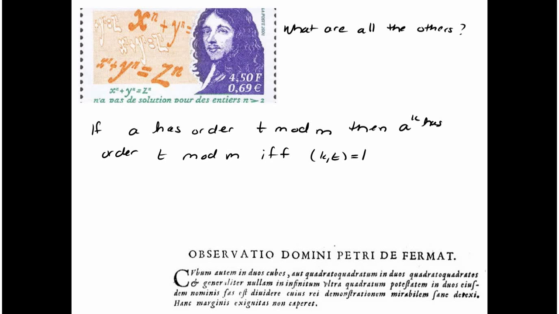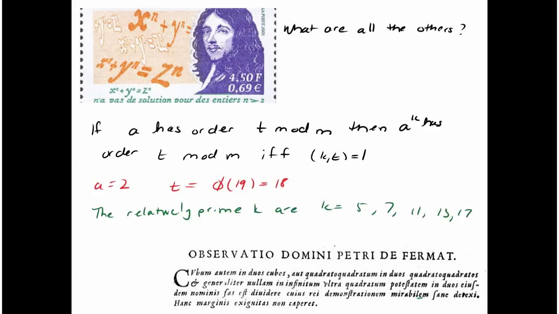But what are all the other ones? I've got 5 more. I've just got one of them. Well, there's another theorem that says if a has order t mod m, then a to the k also has order t mod m if and only if k and t are relatively prime. So if I start with 2, the ks relatively prime to the order 18 are 5, 7, 11, 13, and 17.